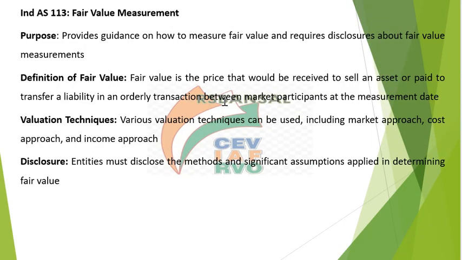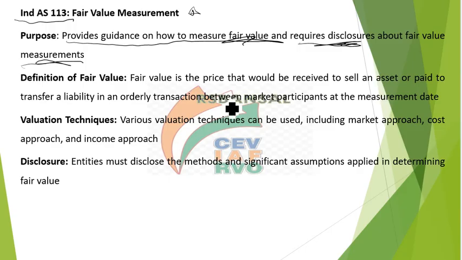fair value. Then Indian Accounting Standard 113, it deals with fair value measurement. Here the purpose is that it provides guidance on how to measure the fair value of the property and requires disclosures about the fair value measurements, that is, how it has been calculated. So what is the definition of fair value?